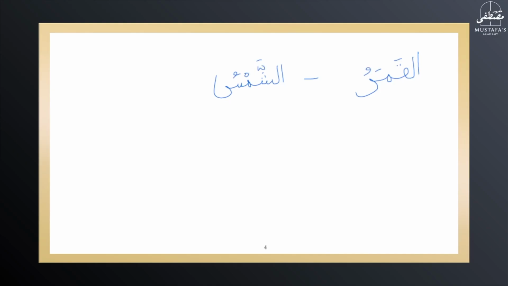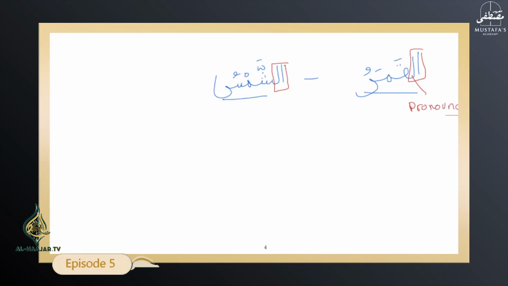There's a difference of words, of course, such as qamar, shams, but they contain the same alif and lam at the beginning. There's no difference. However, why is this one al-qamaru, the lam is pronounced in this case, whereas in this case, the lam is not pronounced?